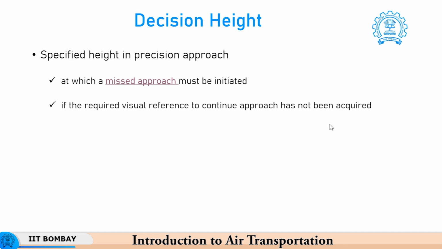So, as the pilot comes into land, when you reach the point in space at which the altitude of the aircraft above the ground level is equal to decision height, you should be able to acquire the visual reference specified. Generally, it is the beginning of the runway, and if you do not have the visual reference at that point, you are supposed to abort the landing and execute a missed approach.